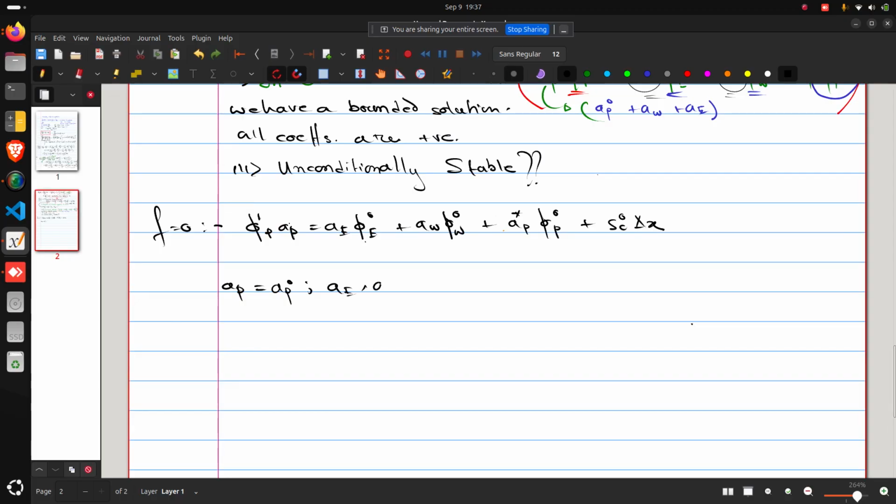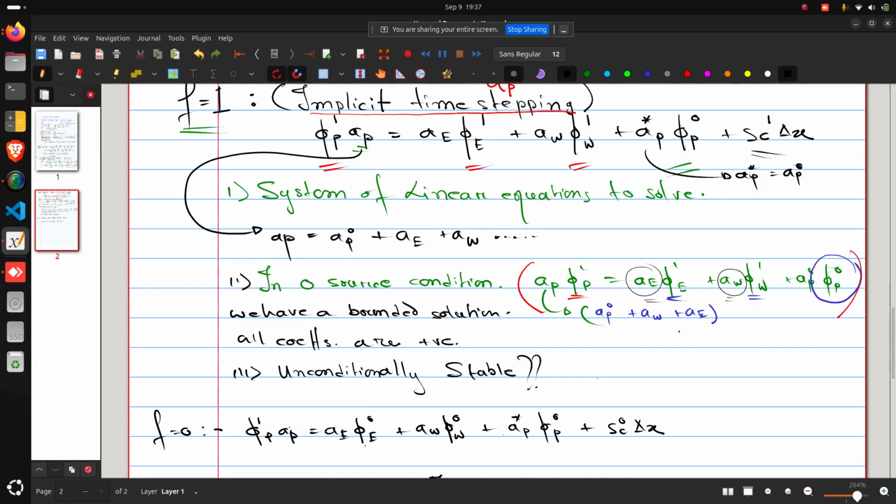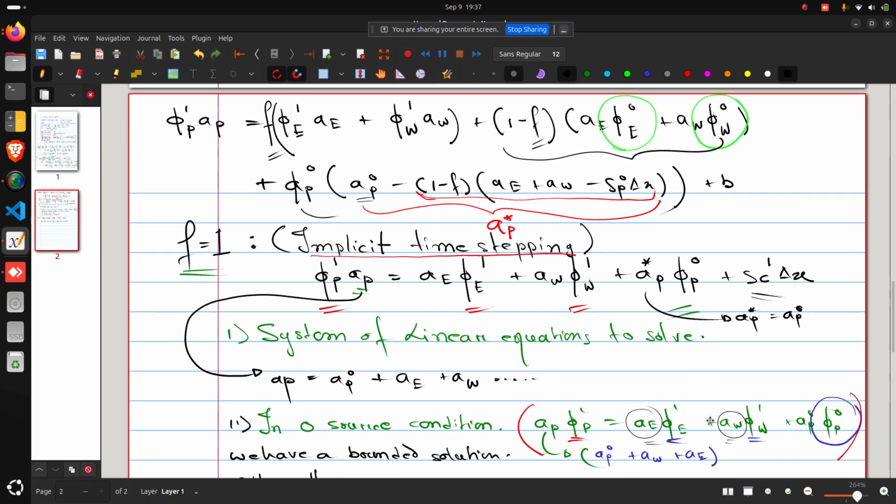AE and AW are quite straightforward, they are nothing but gamma by delta x. And what about AP star? AP star will have some trouble in this part. AP star is 1 minus f, and f is 0, so this is 1, times A east plus A west minus SP naught.